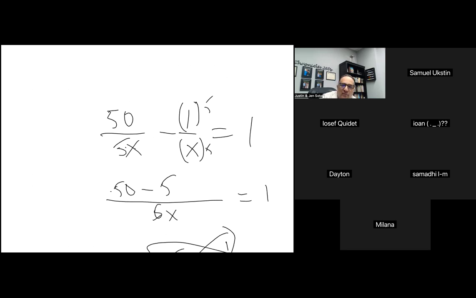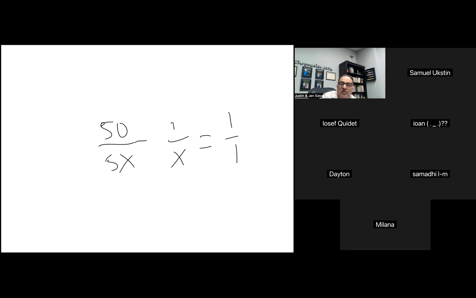I'll do the same problem, get the same answer, but I'll do it by clearing the denominator. In order to clear a denominator, I have to multiply each spot by the least common multiple of everything: 1x and 5x. The least common multiple is going to be 5x.